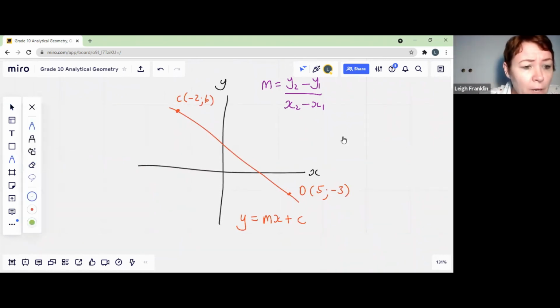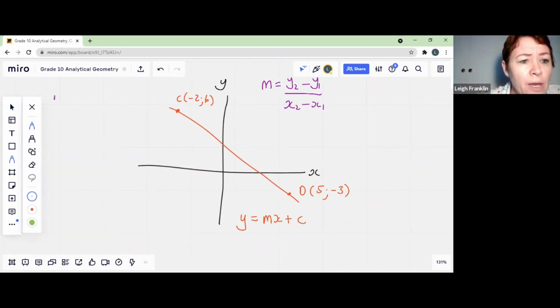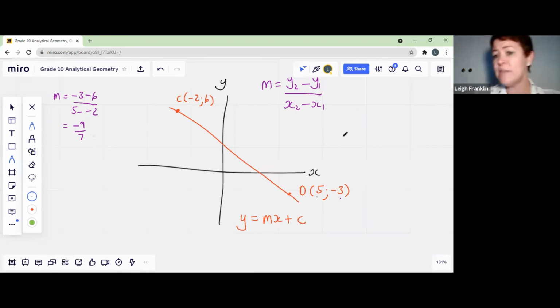Okay, so you've come along and you've said, I'm working out the gradient. It's the change in y, so -3 minus 6. I'm starting down at the bottom here, so I'm going to start with 5 minus -2. So that leaves us with -9 over 7. A nasty gradient, I will be honest with you, but 100% perfect.